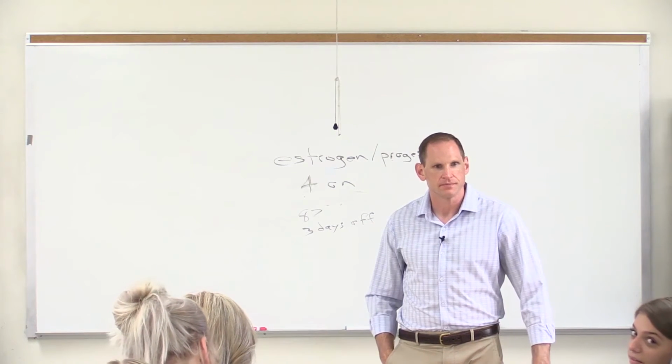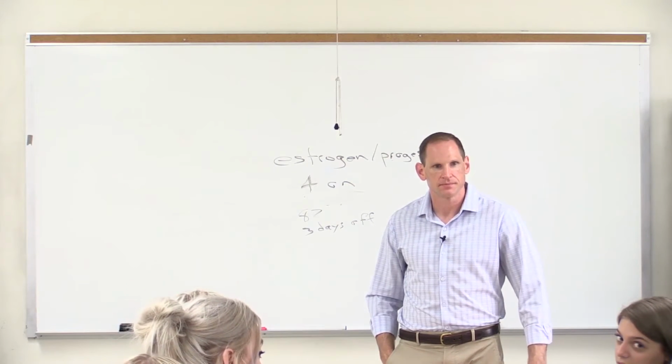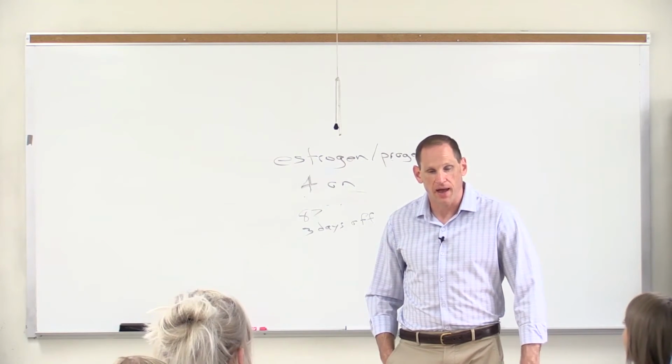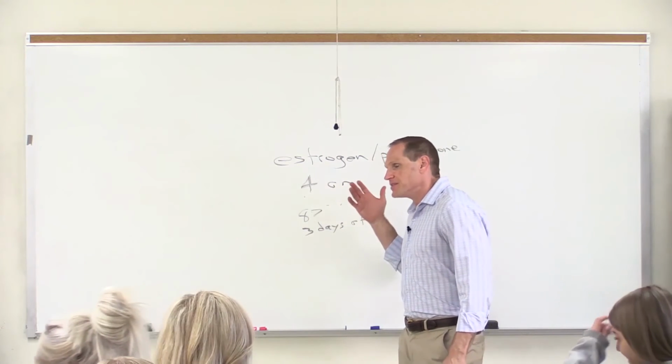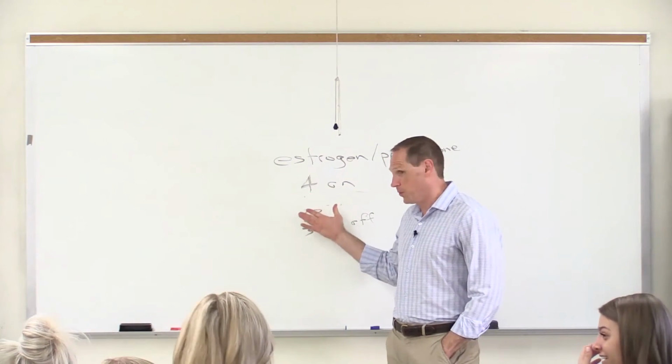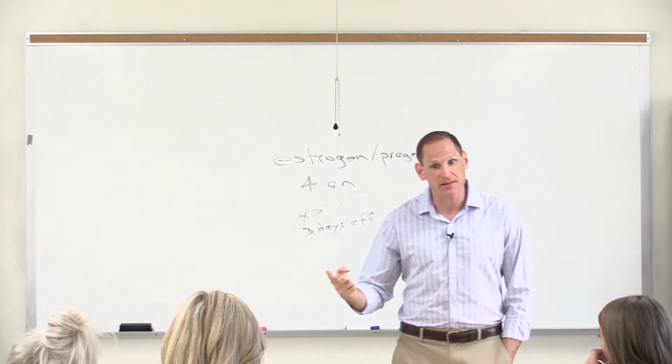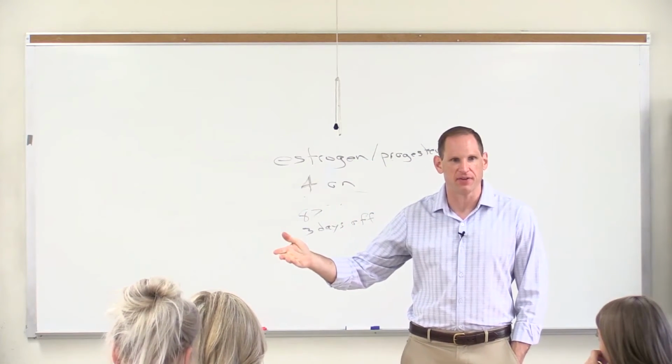If you're on a contraceptive and you are pregnant, could that kill the baby? So how does the pill work? The very first way it works is by suppressing ovulation. But sometimes you can still have ovulation.